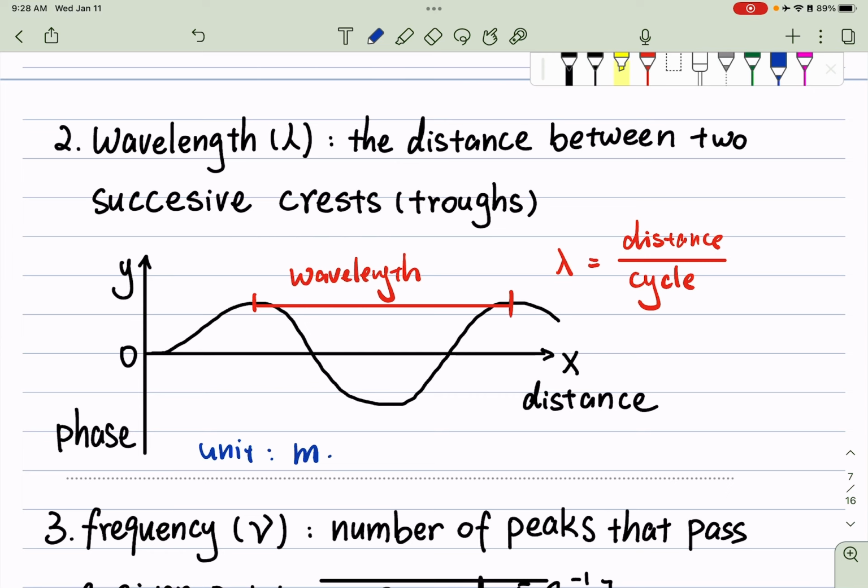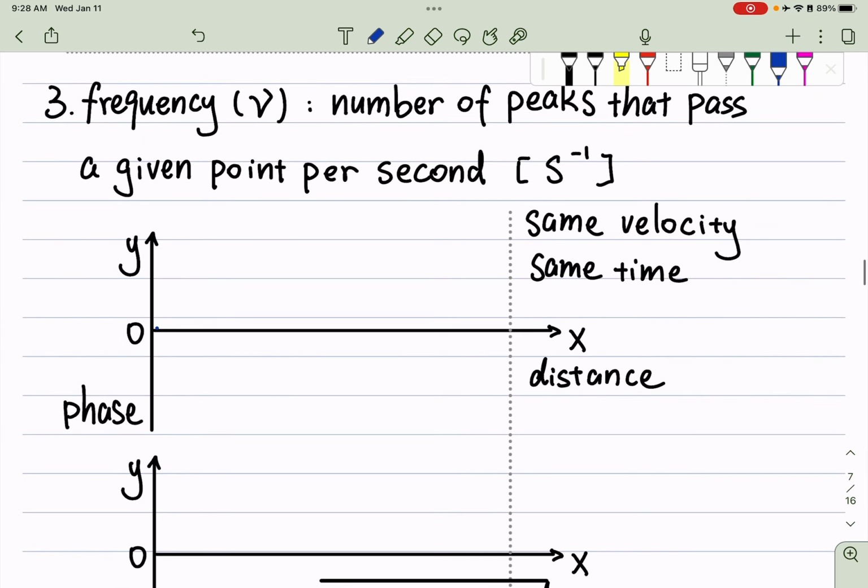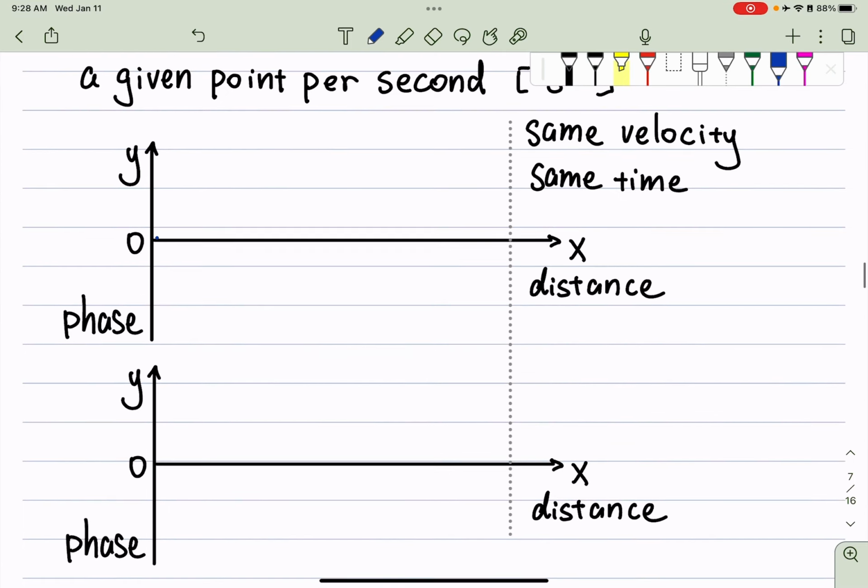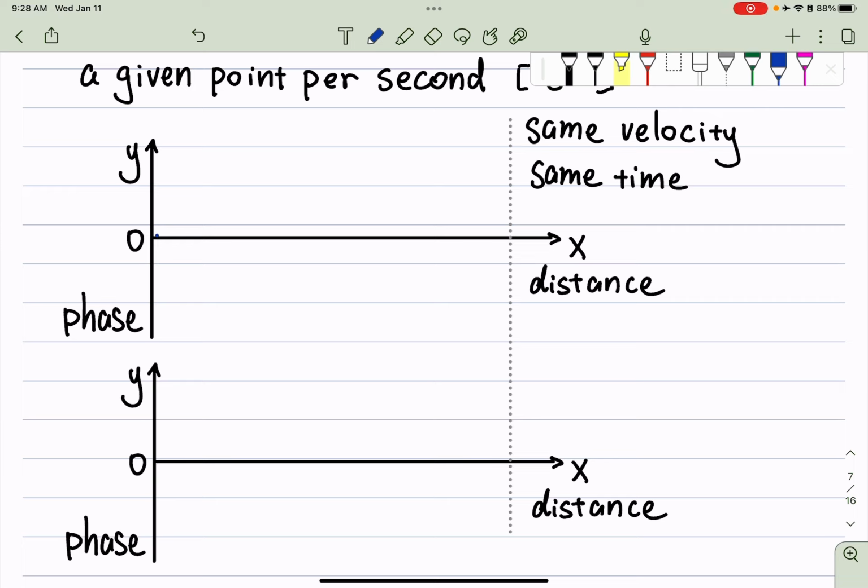The next one is a little bit more dynamic, called frequency. Frequency is the number of peaks that pass a given point per second. For this one I need to draw two different figures to show you what it looks like. Imagine we have two waves that are traveling at the same velocity in the same time period.